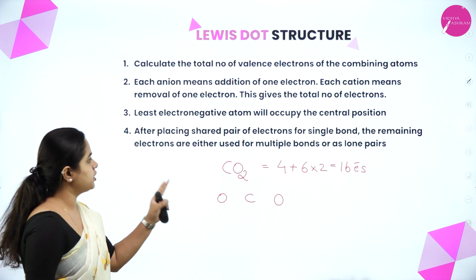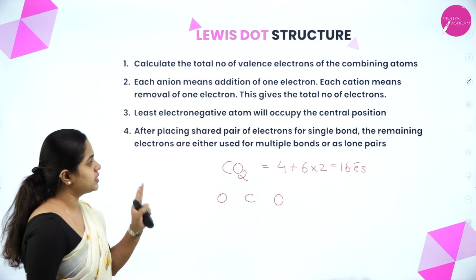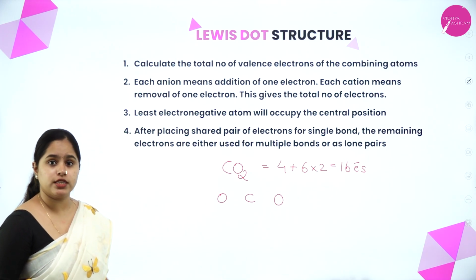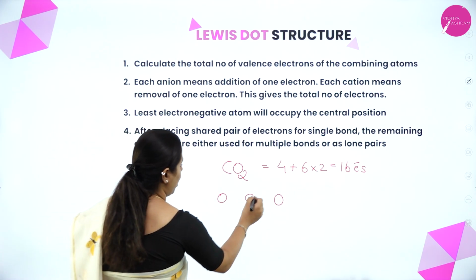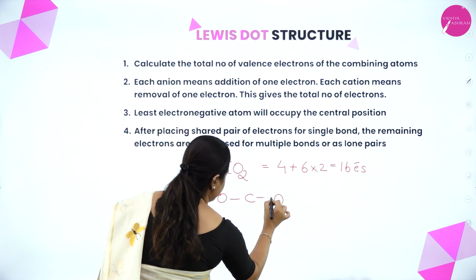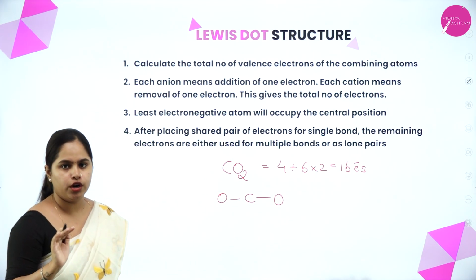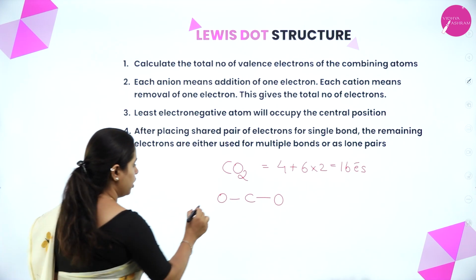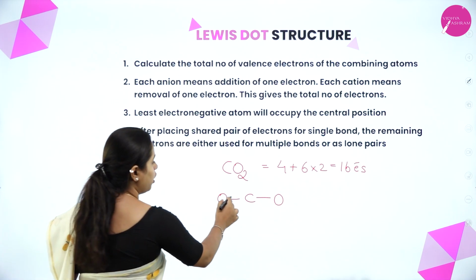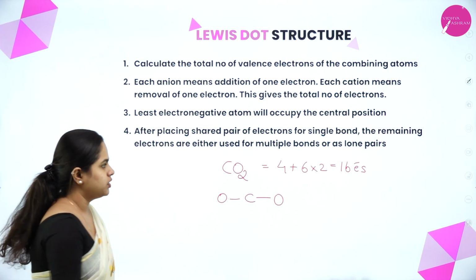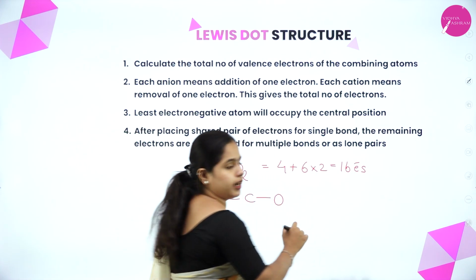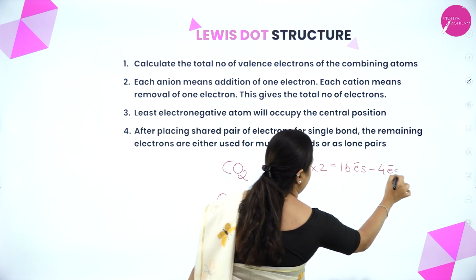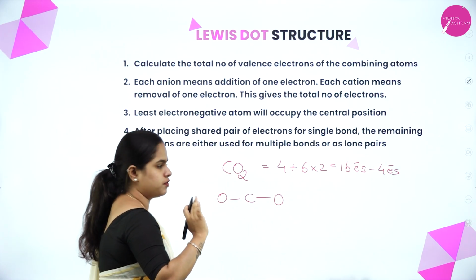Now after placing the shared pair of electrons for single bond, the remaining electrons are either used for multiple bonds or as lone pairs. So what you have to do after representing this? One single bond each you have to represent. One single bond means there are 2 electrons, so a total of 4 electrons is already gone. A total of 16 electrons were there, out of which 4 electrons I have already represented in the form of single bonds.